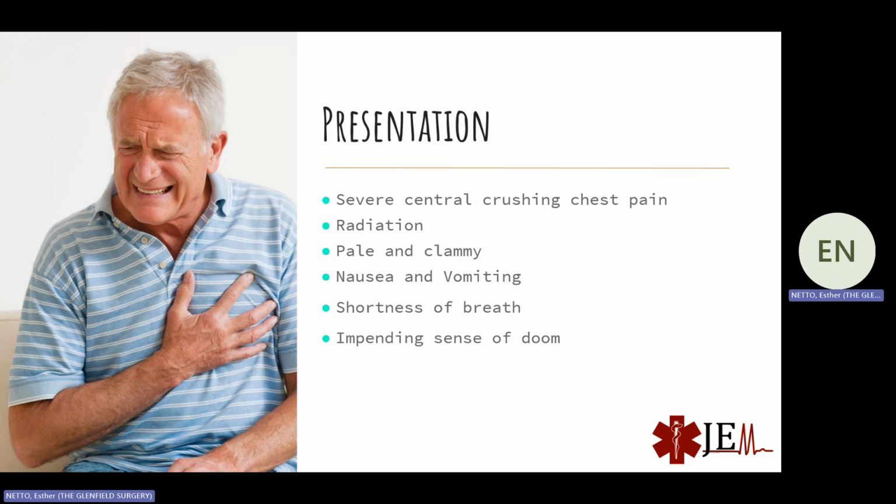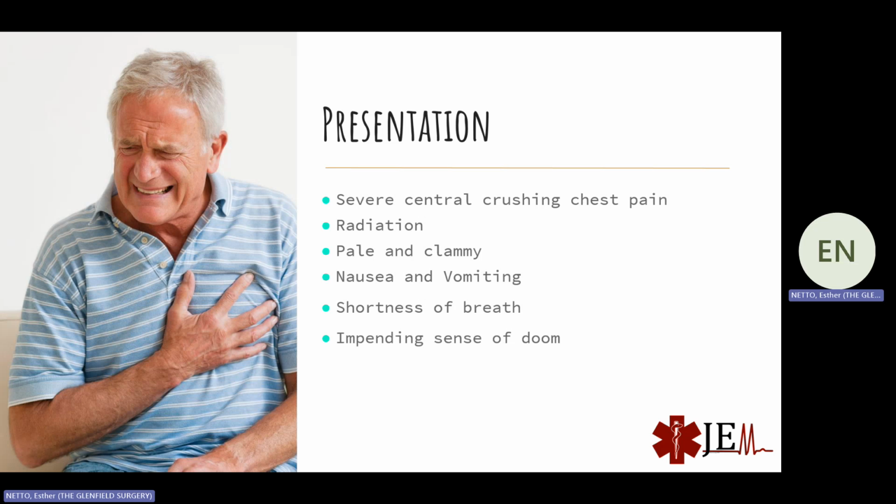Right, so we're moving on to a presentation. How are we going to spot a patient who's having a myocardial infarction or heart attack? I think this picture on the left demonstrates it pretty well, because the main thing that a patient's going to present with is pain. They're going to be in what we call 10 out of 10 severe central crushing pain. So the pain is in the center of their chest.